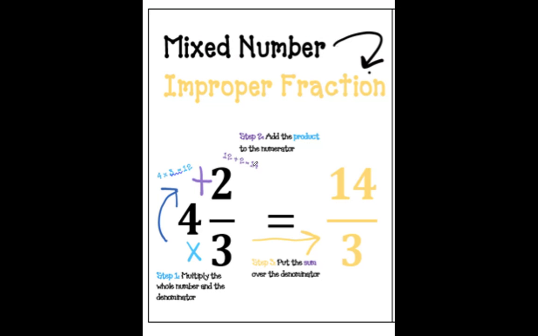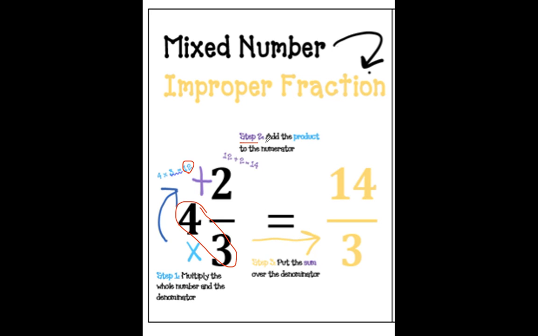All right, so how does that apply to fractions? Here we're going to quickly go over again mixed numbers turning into improper fractions. If I have 4 2/3, a mixed number is a whole number mixed with a fraction. I want to turn it into an improper fraction. Step 1, multiply the whole number times the denominator. 4 times 3 is 12.